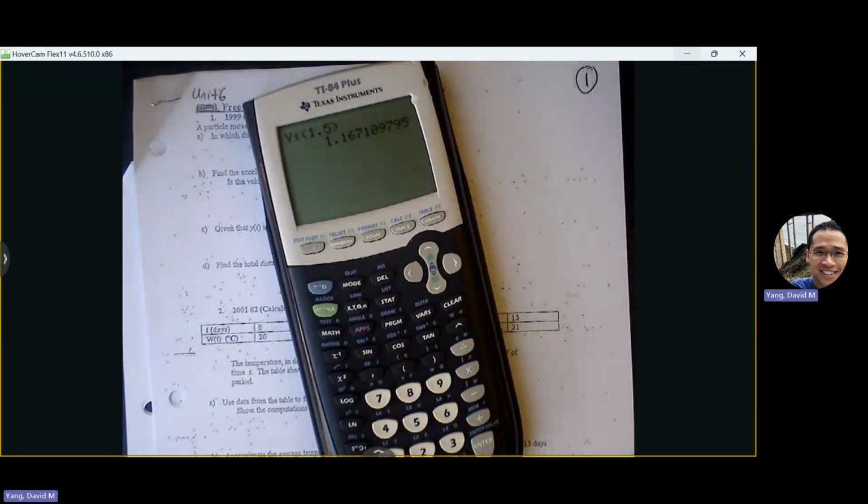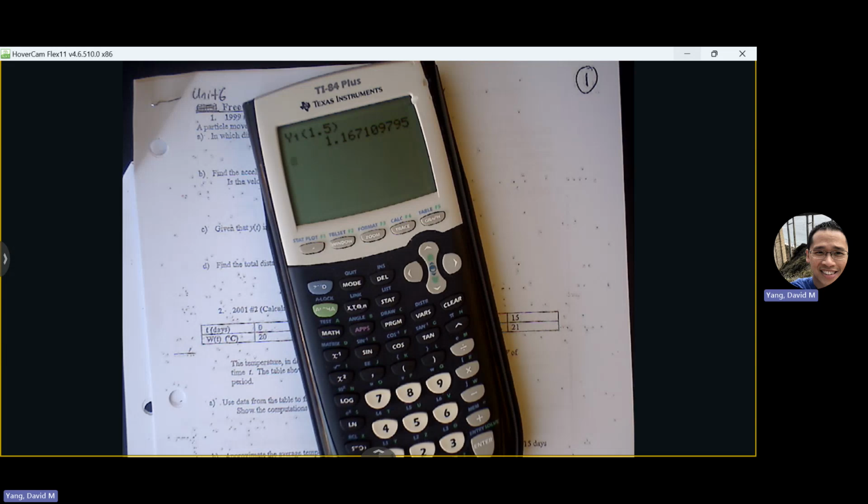Again, under y1 you'll enter x sine x squared, do second mode to get back to your home screen, then do alpha trace to call your y1, and once y1 shows up, you do y1 parentheses 1.5.